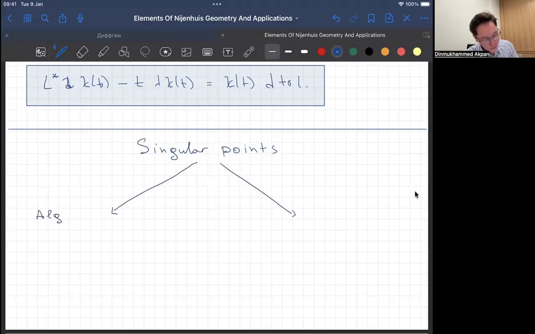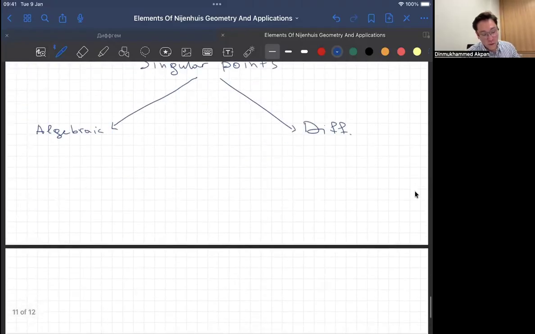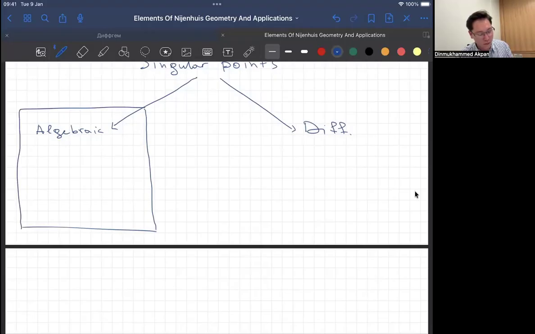Today we will not discuss algebraic singular points. I think we will talk about them in the third lecture. I will explain what an algebraic singular point is in the next lectures. Today we are interested in differential singular points.